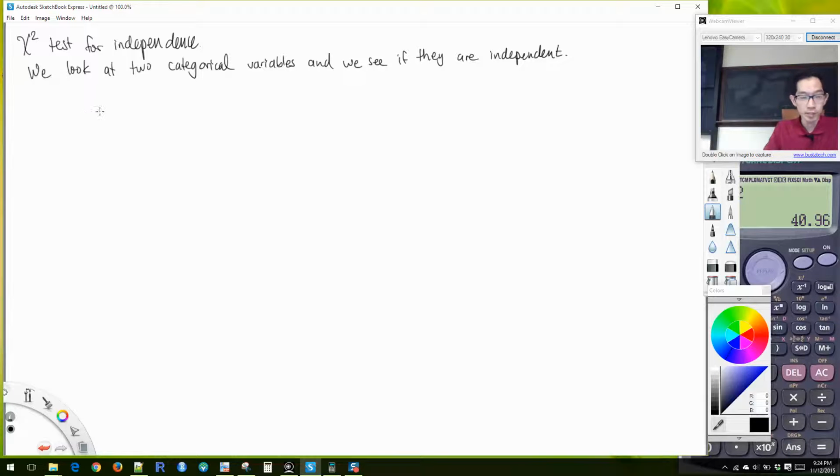Okay, so let's just review what we remember from probability. We have two events, A and B. If A and B are independent, then the probability of A and B is equal to, do you guys remember?